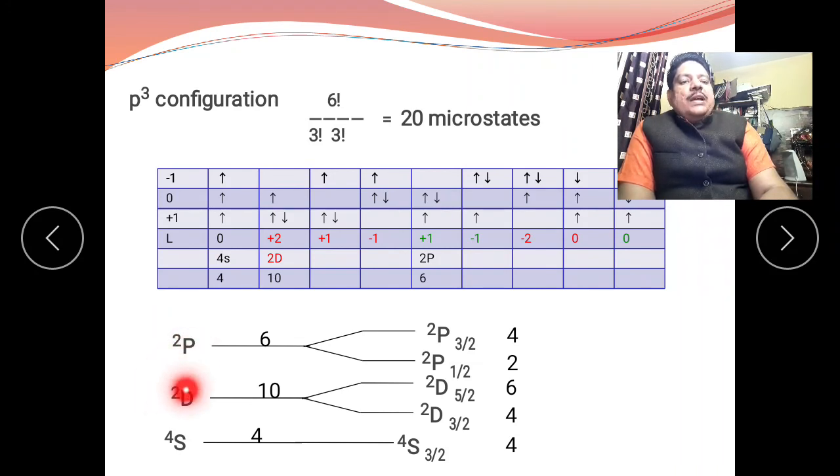For the P term, 2S plus 1 is 2 and 2L plus 1 is 3, because the L value is 1. For the D term, 2S plus 1 is 2 and the L value is 2, and therefore 2S plus 1 into 2L plus 1 is 10. It means that a total of 20 microstates may be considered here in such terms.